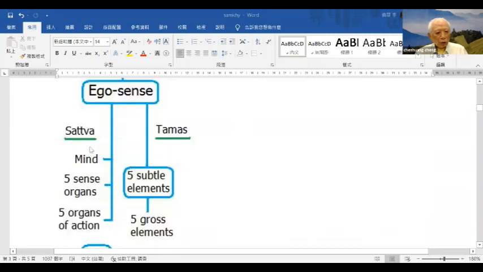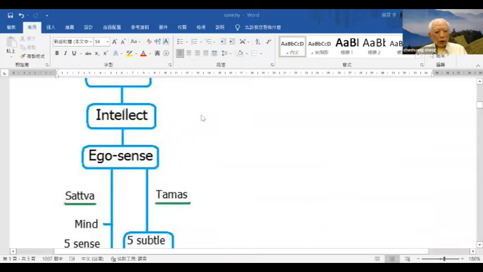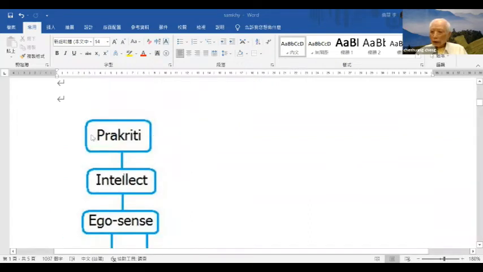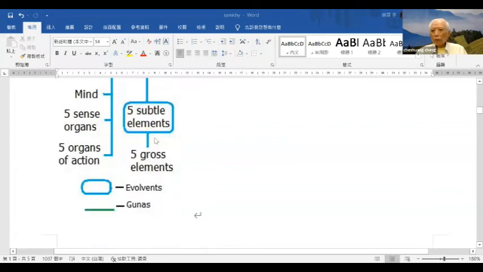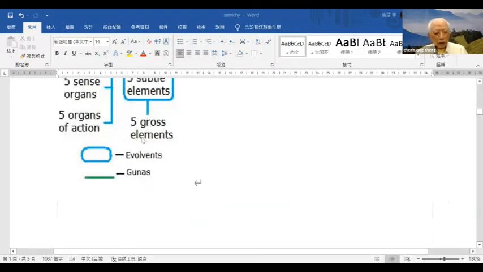And don't miss mind. Mind is also evolved from the sattva, because sattva, tamas, and rajas are the 3 gunas of Prakriti. When Prakriti is activated by Purusha, then the balancing state of the 3 gunas becomes imbalanced, and therefore there is the process of evolution.